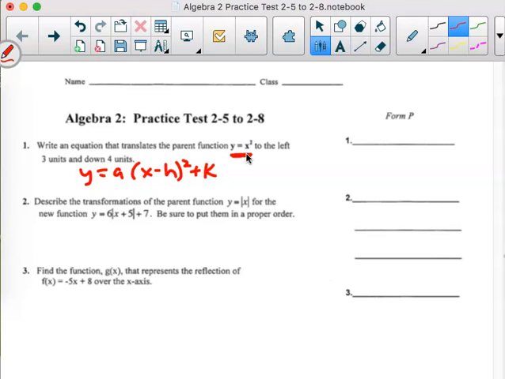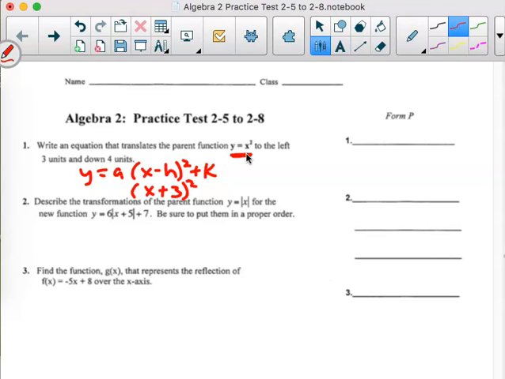And it says we're going to take the original and we're going to move it left 3 and down 4. Well, that has nothing to do with A. A is about slope. That has to do with H and K. So if we're supposed to move it left 3, what do I really have to put in here for H? Yeah, it's going to be an x plus 3.